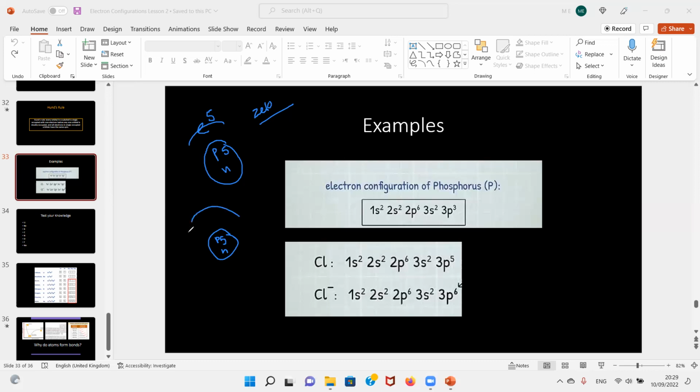Here we want to add an electron, so instead of 5, we'll have 6 electrons. The atom has gained an electron. So what will be the total charge of this atom? Here we have plus 5 from the protons, and here we have minus 6. So the total charge is minus 1. And this is a negative ion, or we call it an anion.